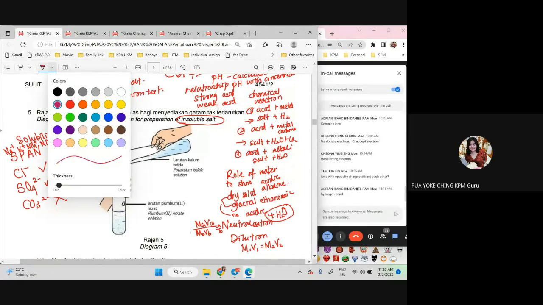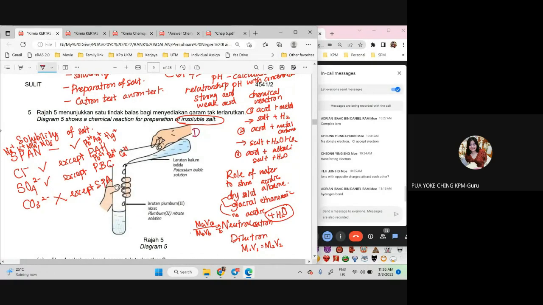So kalau kita nak prepare insoluble salt, kita mesti guna double decomposition. Ini tolong hafal. Penguraian ganda 2. Okay, nama tindak balas dia. It's double decompositions, penguraian ganda 2. So you have KI plus Pb(NO3)2. Penguraian ganda 2 maksudnya semua yang ni akan urai.